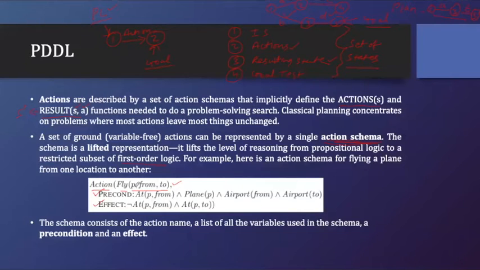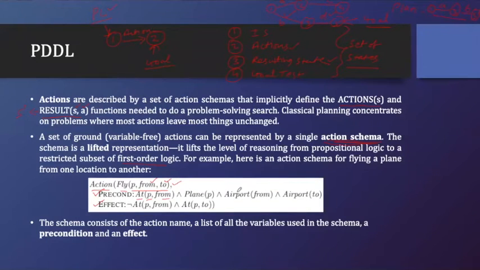So let's say if I want to fly, the plane should fly from one source to the destination. So what is the precondition? The precondition is the plane should be at this source, and P is a plane.